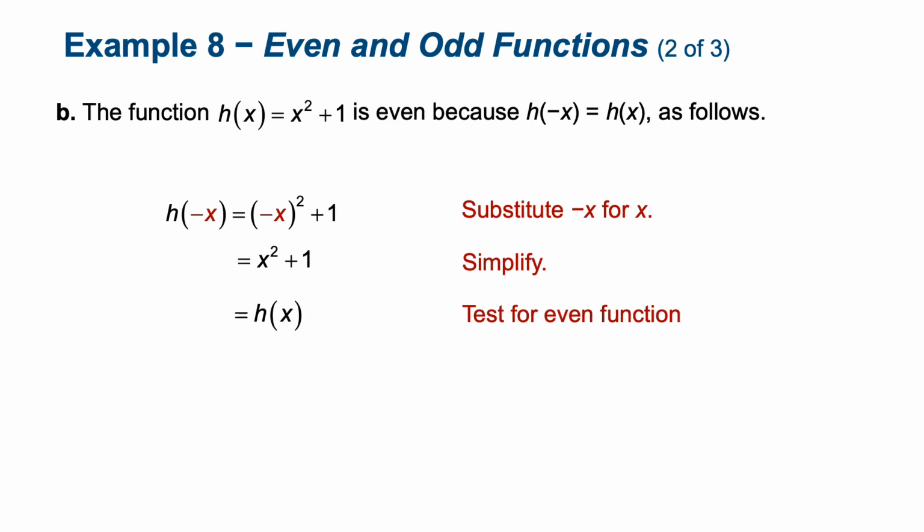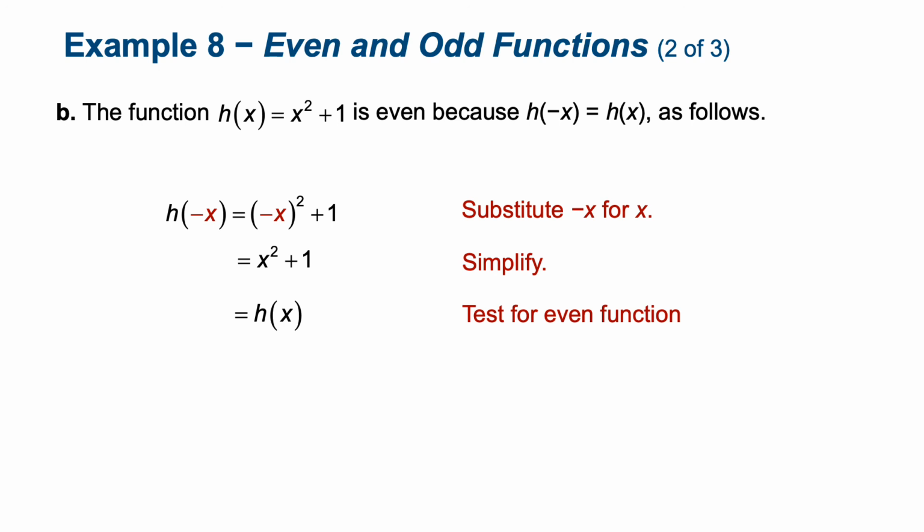So how about this function? Let's see if it's even or odd. We have h of x equals x squared plus 1. If I plug in negative x, the function is saying, whatever my input is, in this case negative x, square it and then add 1 to it. But what's negative x squared? That's just positive x squared, right? Because a negative times itself is positive.